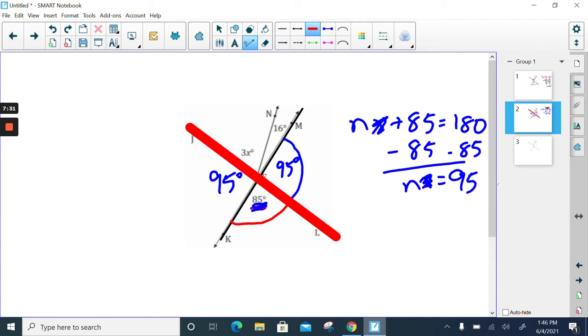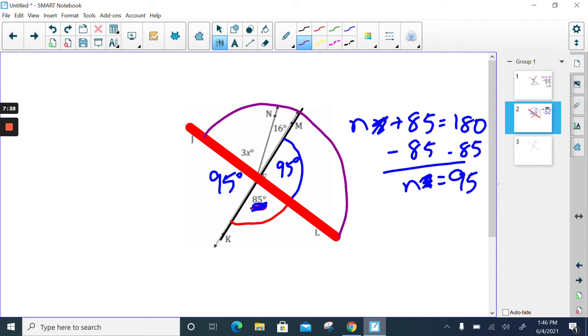And this line here, once again, to overemphasize this, is made up of those three angles. Which means if I take my first angle of 3x, add it to my angle that is 16 degrees, and now I can also add it to this 95 here. This is going to be equal to 180 degrees.